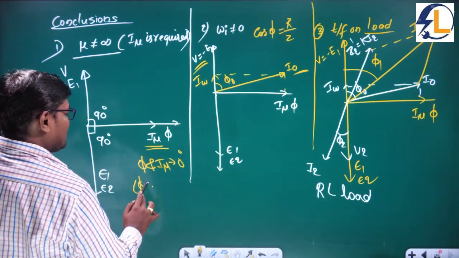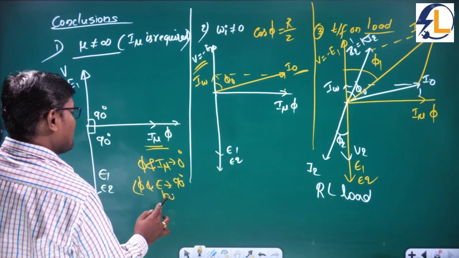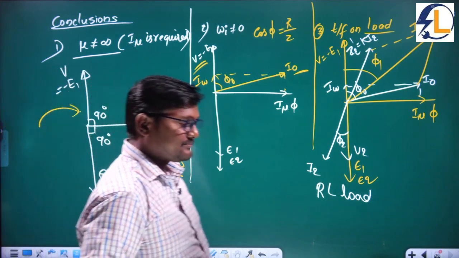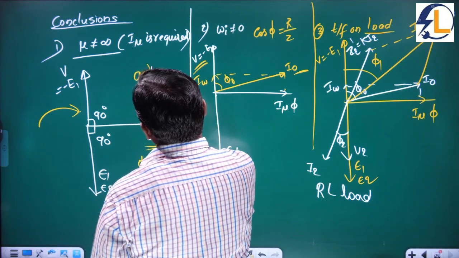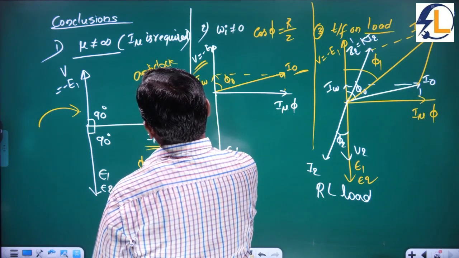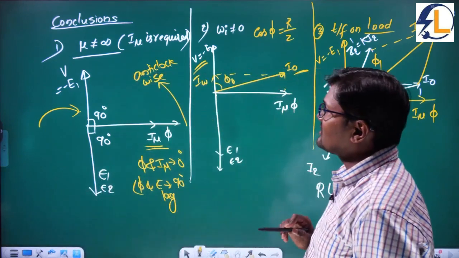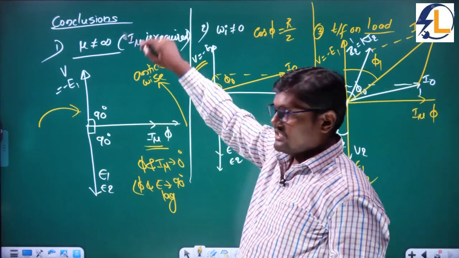The angle between the flux and induced EMF is how much, sir? 90 degrees. The EMF is lagging only. So coming to the clockwise only. But phasors are rotating in the anti-clockwise direction.